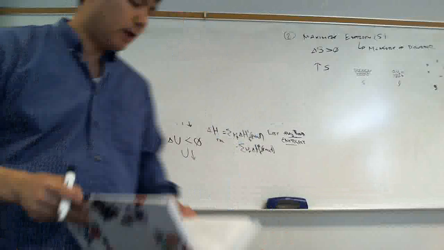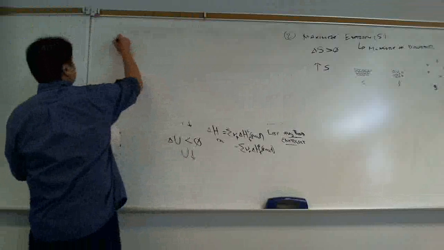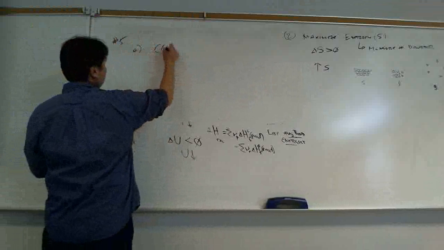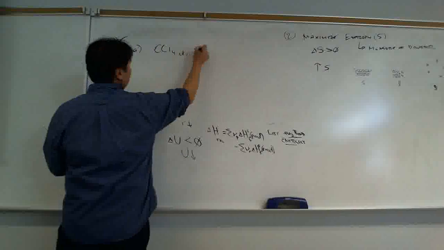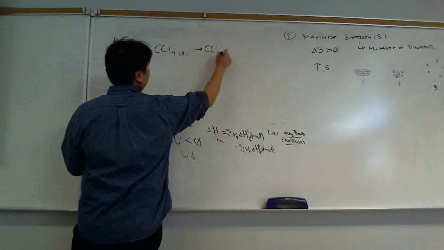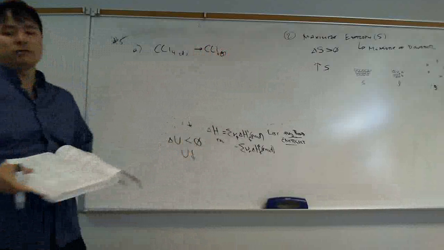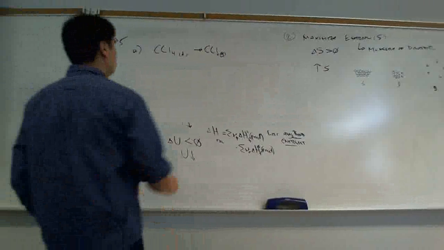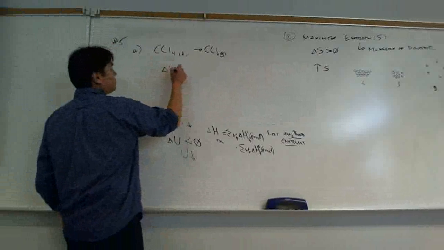Number 5 here. 5A is carbon tetrachloride liquid going to carbon tetrachloride gas. So if we go from CCl4 liquid to CCl4 gas, what is delta H for this?